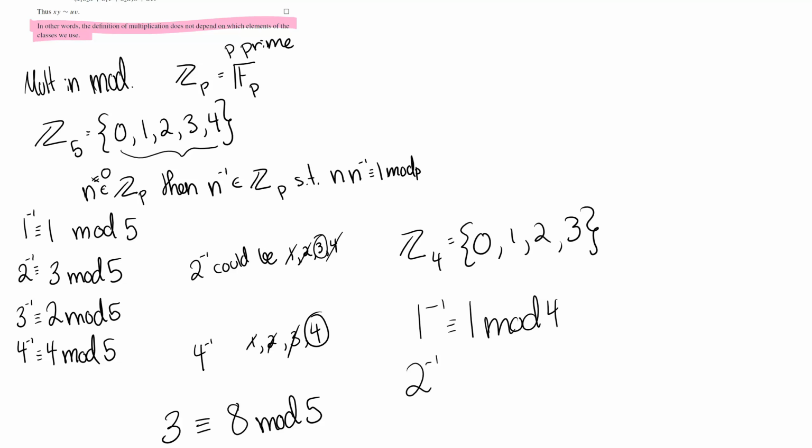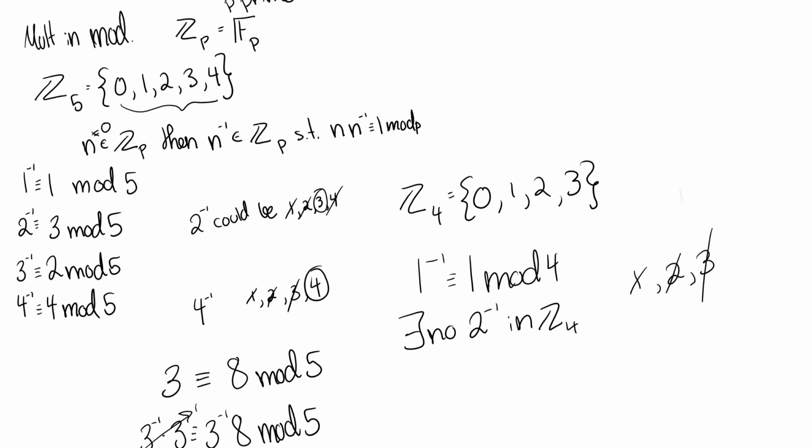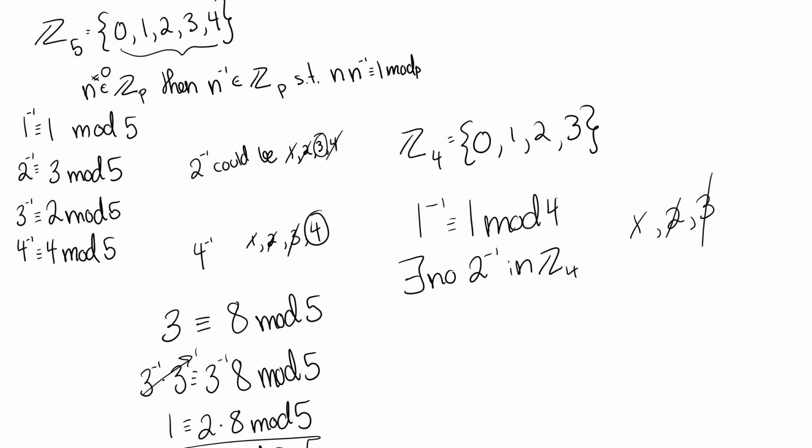No, we don't. And how we know that is, we go through all of them. Well, 2 times 2, that's going to be 0. 2 times 3, that's going to be 2 mod 4. Okay, so no, there exists no 2 inverse in Z sub 4.